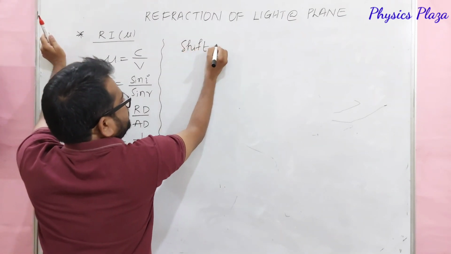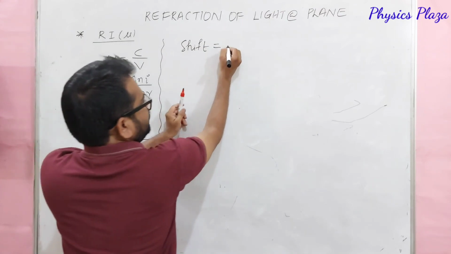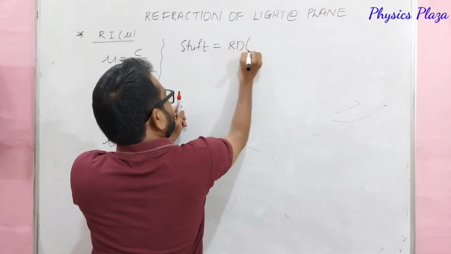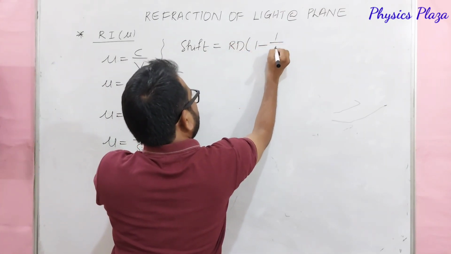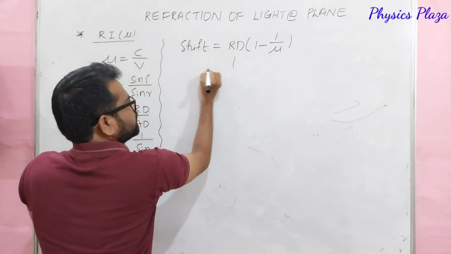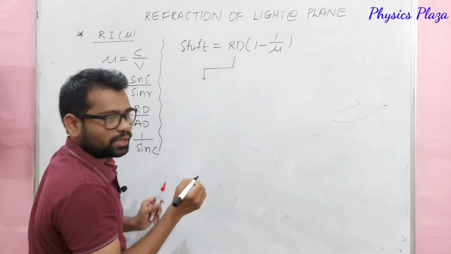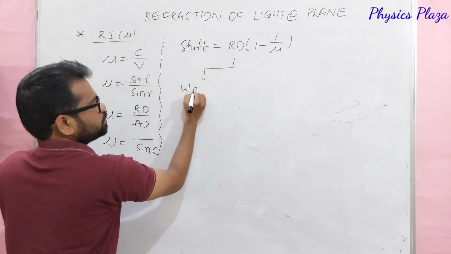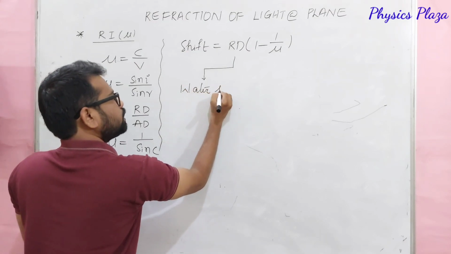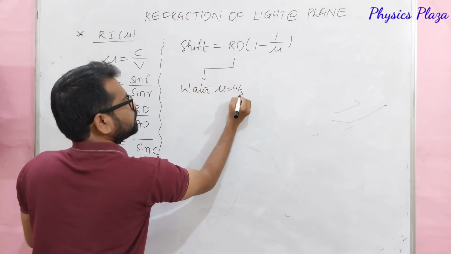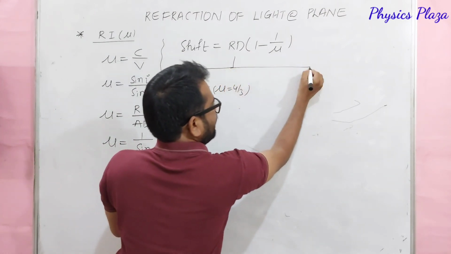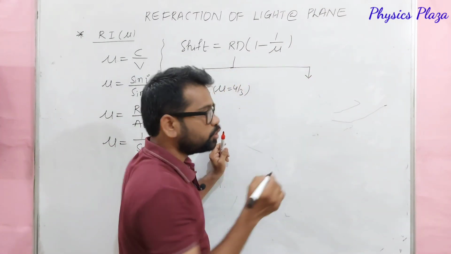Here shift is equal to real depth into 1 minus 1 by mu. But dear children, for water, what is the mu value? For water, mu is equal to 4 by 3. Whereas for glass, children, what is the mu value?